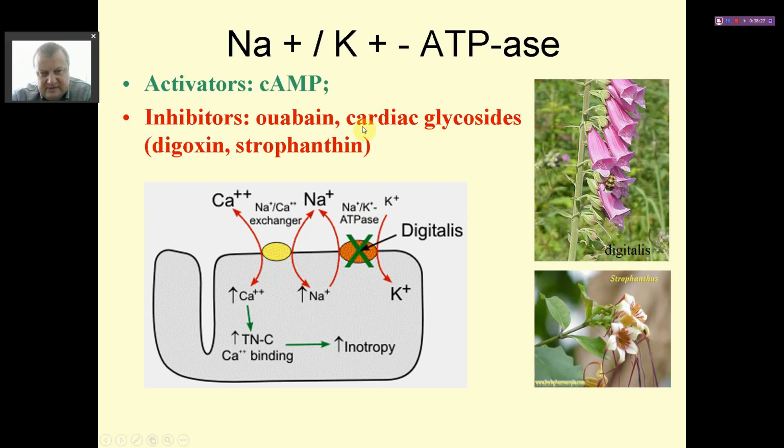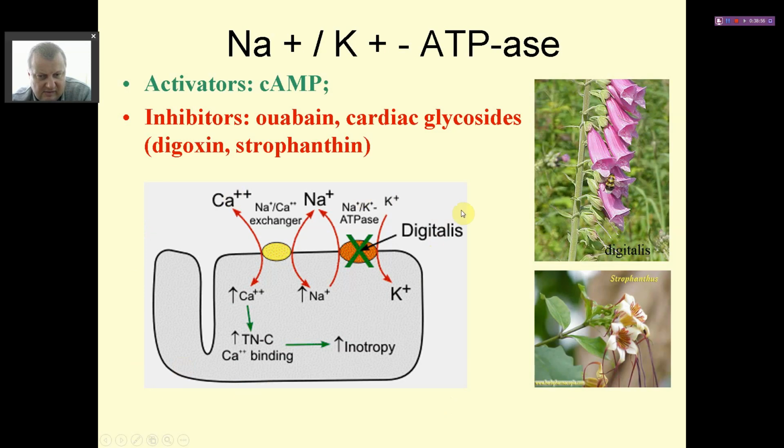These cardiac glycosides could be received from the plant digitalis, for example, and these inhibitors, cardiac glycosides, inhibit the sodium potassium ATPase.